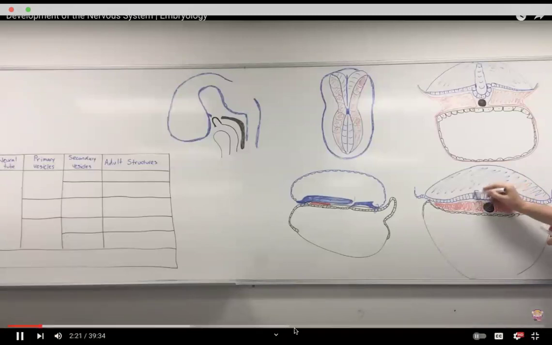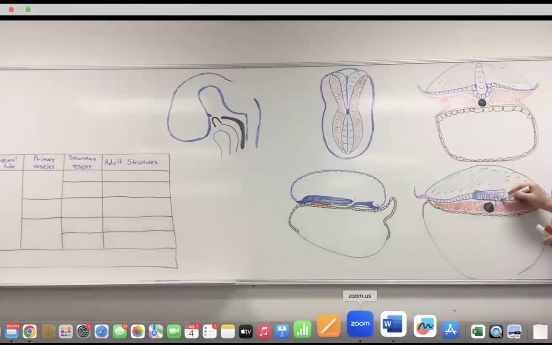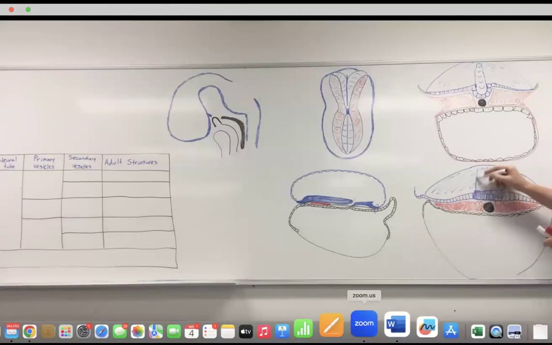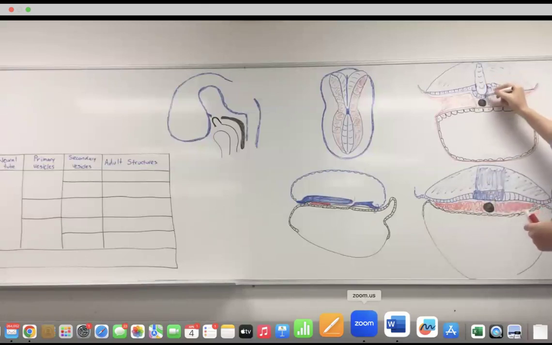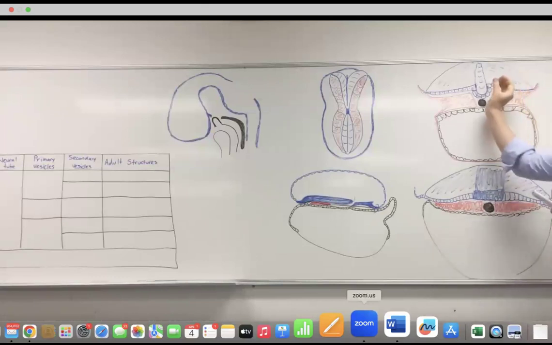The ectoderm right adjacent to it, right behind it, starts to cause this really undifferentiated growth on the ectoderm like so. And that's going to cause a neural plate to form. So that's a big thickening. Now that thickening, as we'll move up to this image, will cause the cells in that region to start to fold up like this.